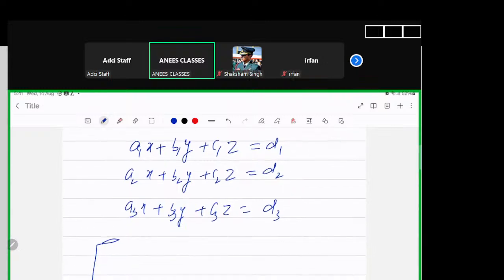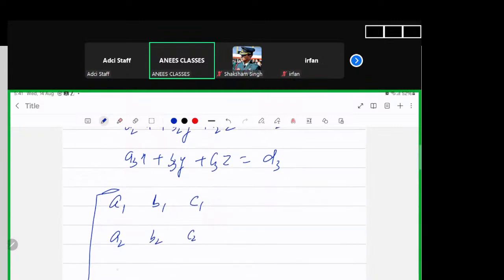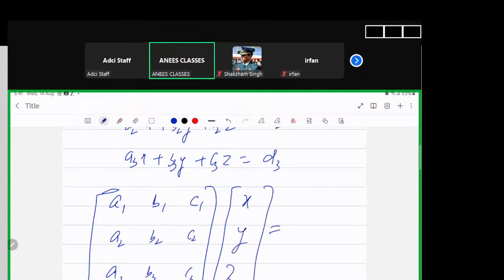Coefficients of the variables in the first equation I will collect in the first row: A1, B1, C1. Second row: A2, B2, C2. Third row: A3, B3, C3. Variables I collect vertically: X, Y, Z. Constants I collect vertically: D1, D2, D3.